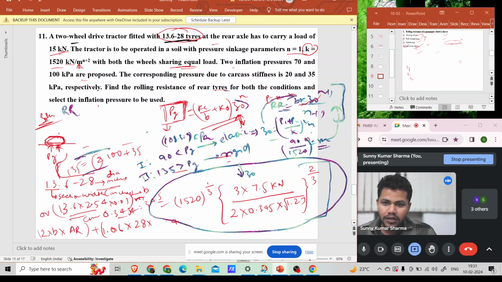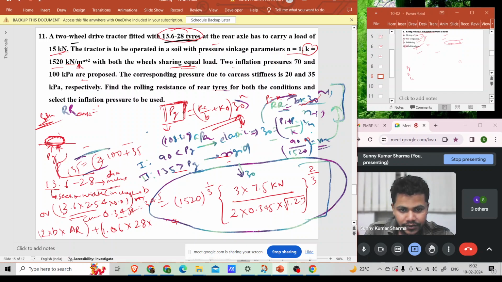So for elastic, what did you get, Sivaram? Z0 is 0.059, sir. Z0 you are telling, right?